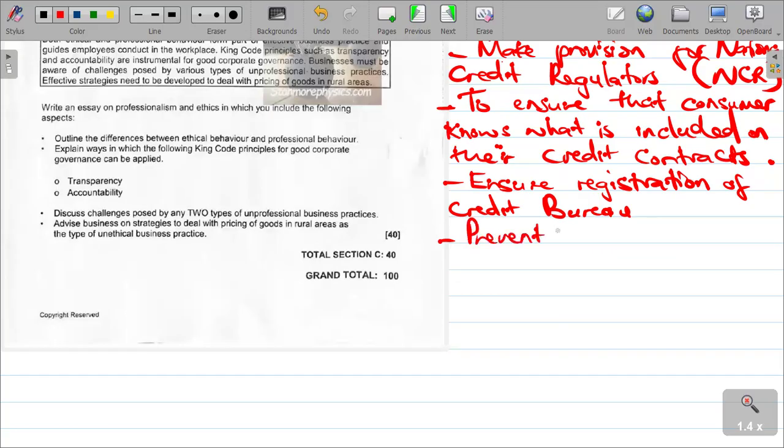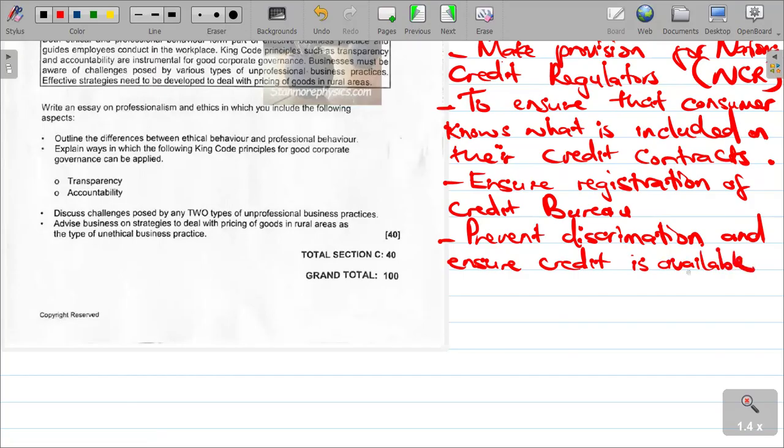Preventing discrimination and ensuring credit is available to all consumers, so that everyone can have access to credit.